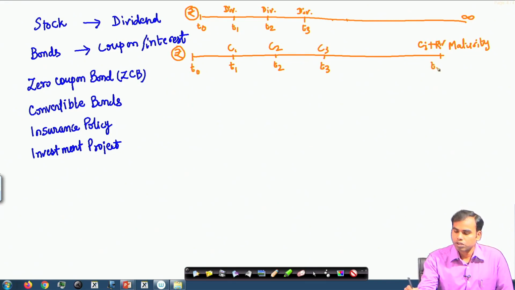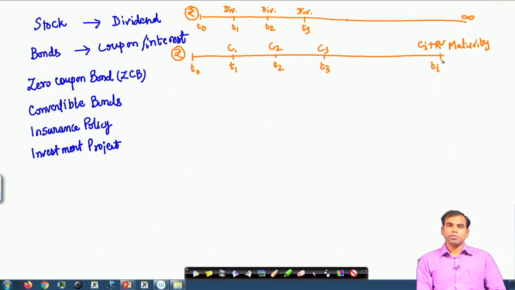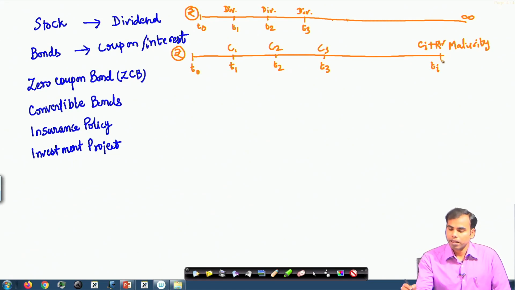So, suppose this is T. For example, if you invest in a bond which specifies that it will pay you 7% interest every year, and after 10 years when it matures, you will get a fixed amount of money in terms of redemption value. So, this is a typical feature of a bond, where they pay you interim interest as well as the redemption value. RV basically indicates redemption value.